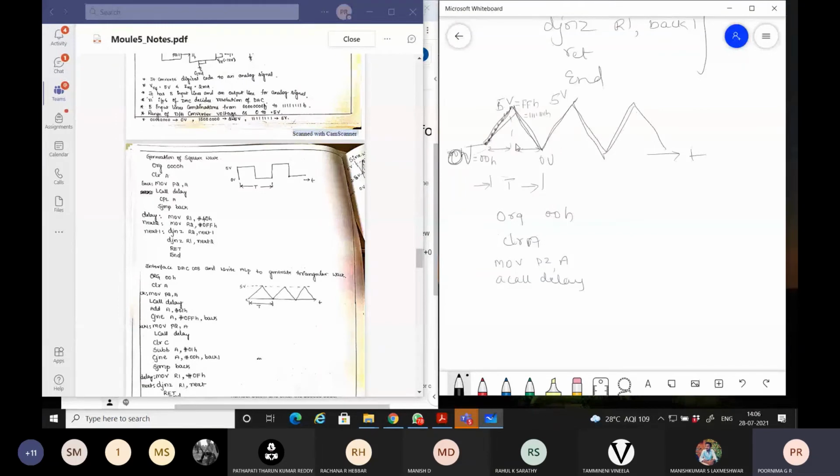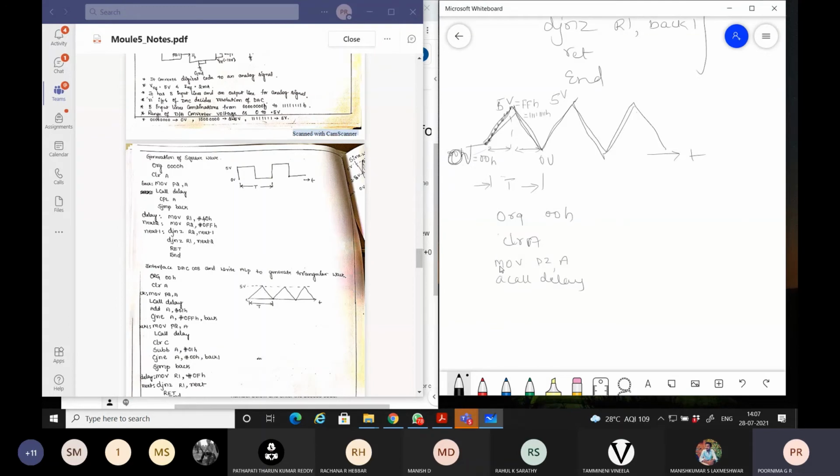High resolution CROs can produce this type of output. But normal CROs we have in the laboratory will be able to give this dot dot dot, a continuous on period and off period, or the rising slope and the falling slope, it will be giving them.